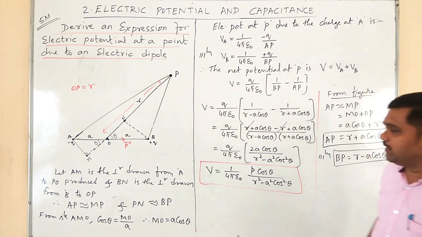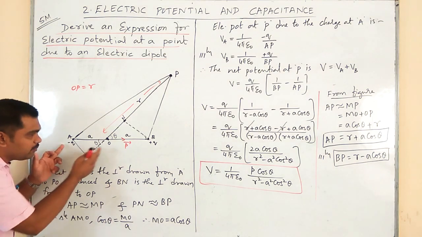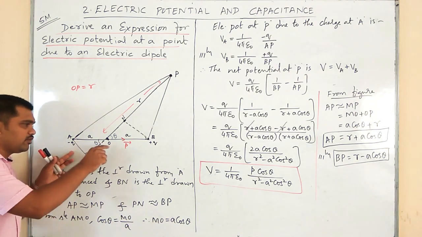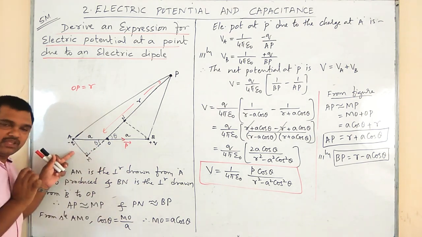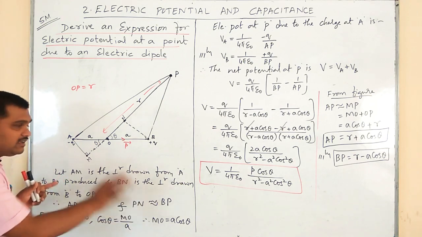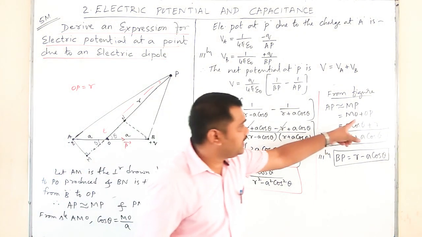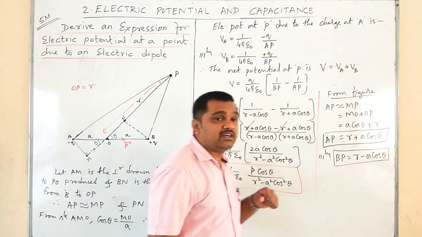Therefore, what I have done is, I have taken this triangle AMO into consideration. Here, cos theta is equal to adjacent by hypotenuse, MO divided by A. Therefore, MO is equal to A cos theta. Write the value of MO here, A cos theta, and hence AP is equal to R plus A cos theta.